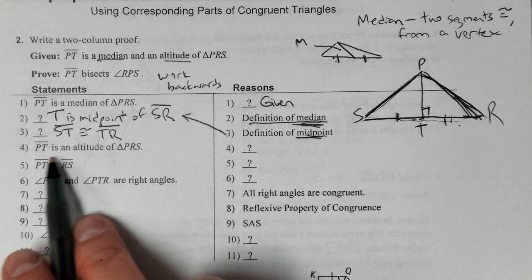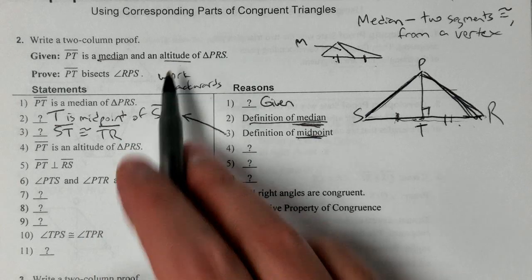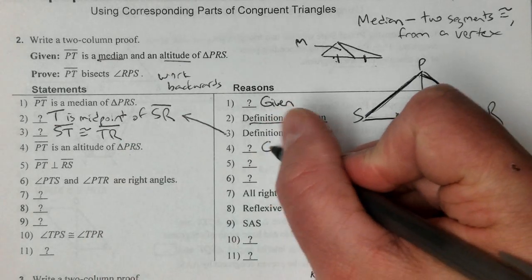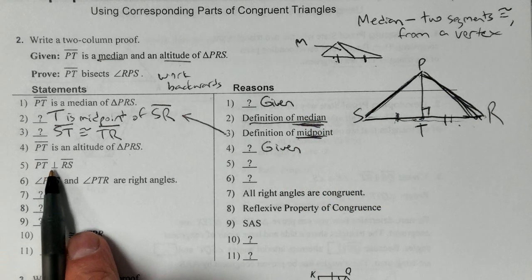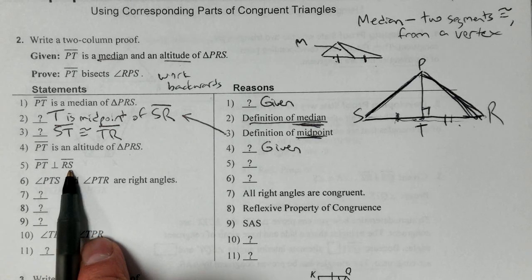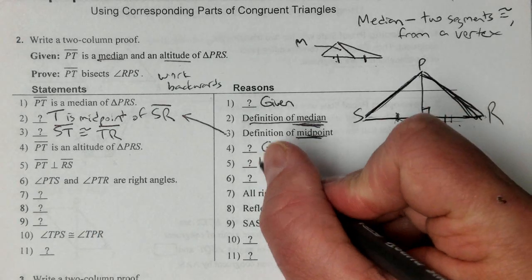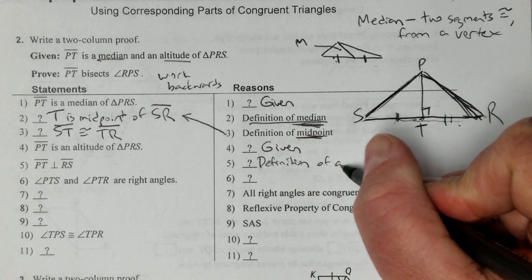Okay, number 4, PT is an altitude of PRS. That's another thing you're given. So we put given there. And then you have your upside down T, which means it's perpendicular. That'd be definition of altitude.